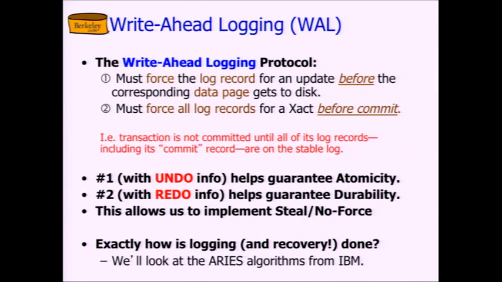Dirty data in the database has corresponding undo information in the log. Right? Sorry, the undos hit the log before the data hits the database. The second of these guarantees durability. The redo information hits the log before you tell the user about commit. Got it?